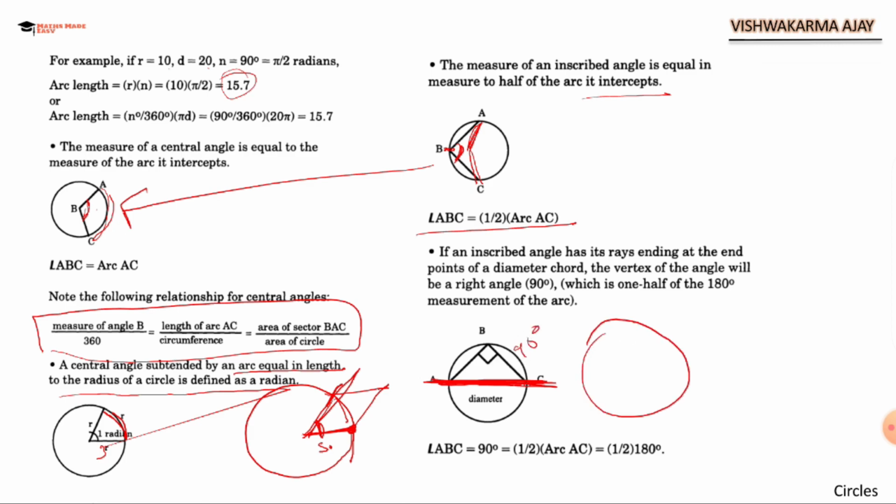Look, I can draw an inscribed angle like this also, and I can draw it passing through the center also. If I draw an inscribed angle originating from the endpoints of the diameter, it will always be 90 degrees, because the intercepted arc is 180 degrees, right? The diameter divides the circle into semicircles, and a semicircle is 180. So the angle formed by that 180 degrees will be 90 degrees.